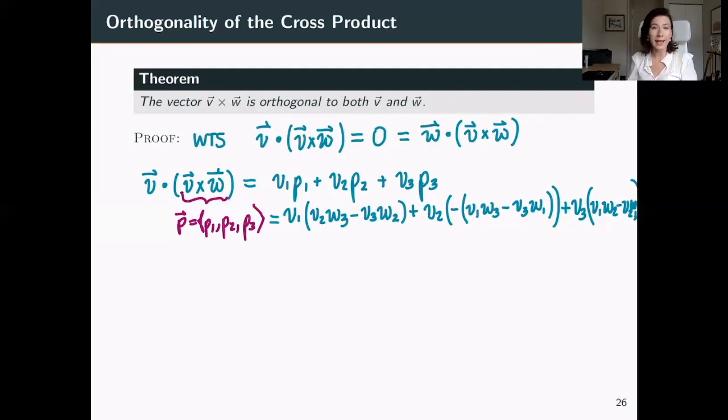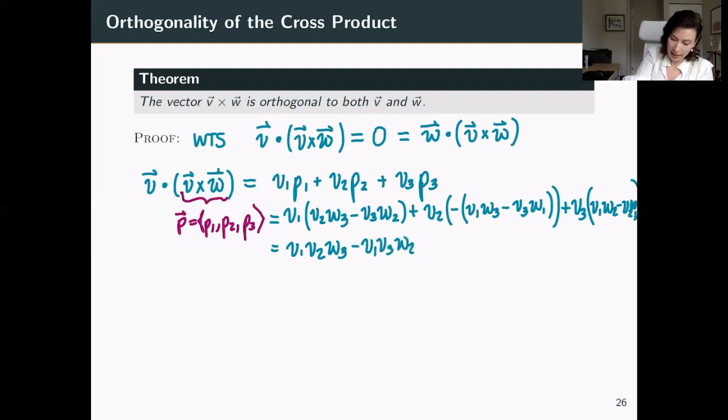We can then go ahead and distribute each one of our v components into the brackets. If we do that, we will end up getting v1 v2 w3 minus v1 v3 w2.